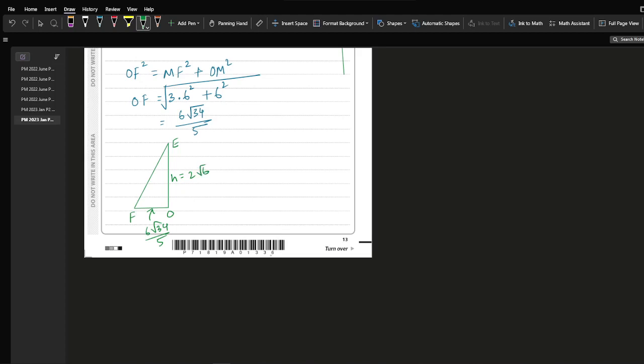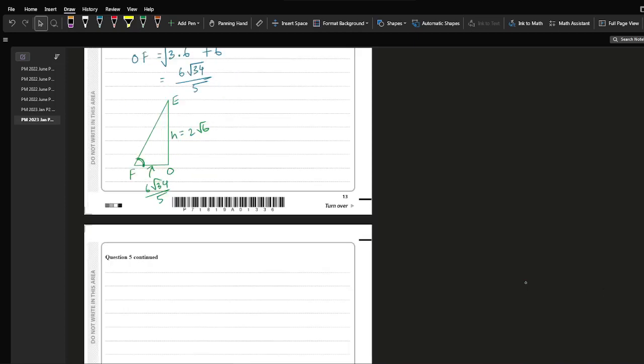So we have to find this angle. In this case, we are going to use opposite and adjacent. So tan theta is equal to opposite by adjacent.